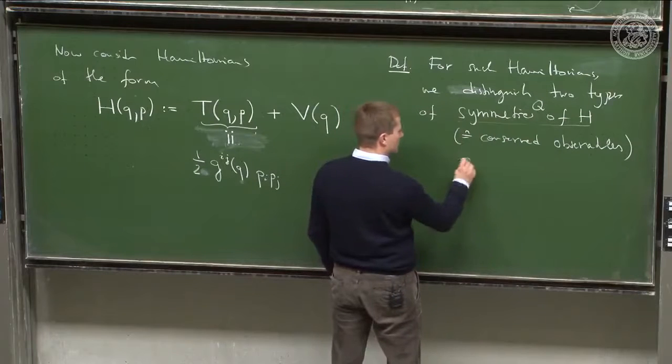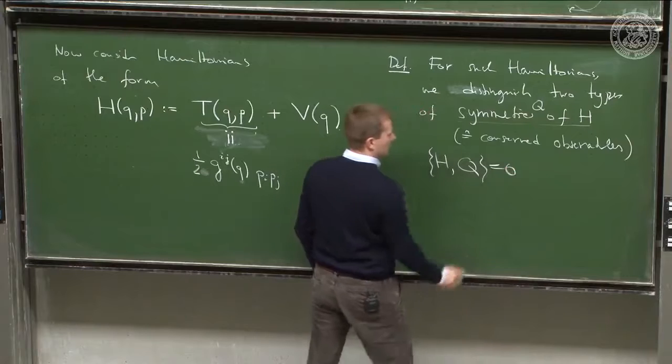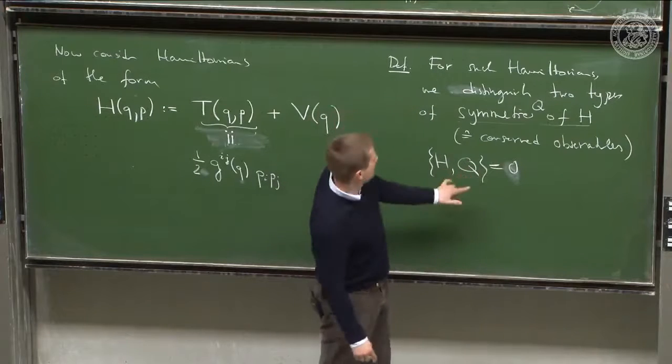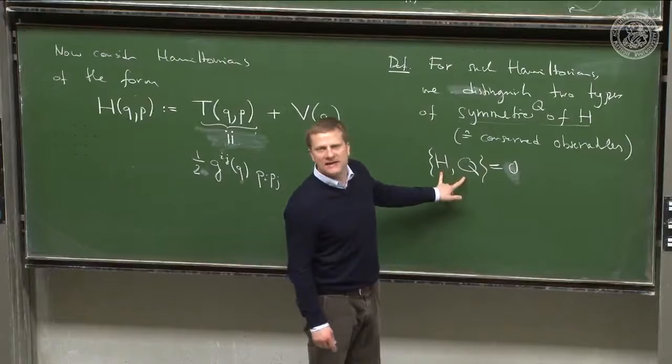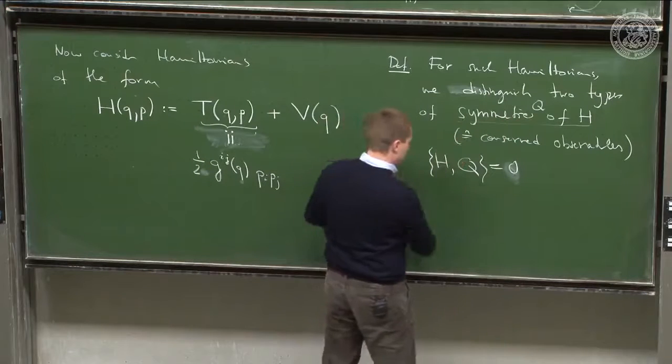Because it's a symmetry anyway, {H, Q} is 0. This notation is more like Q is a conserved quantity; if I write it the other way around, it's more like H has the symmetry Q, but we know it's the same thing. Anyway, two types.